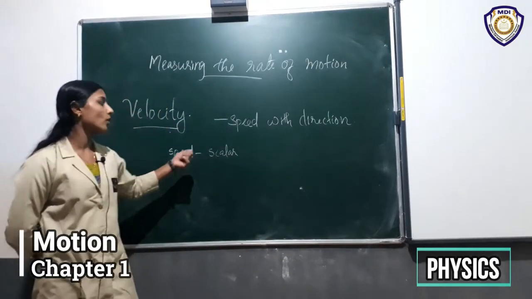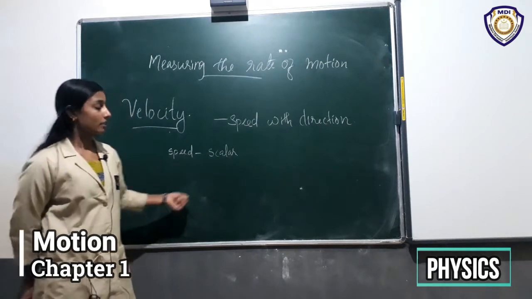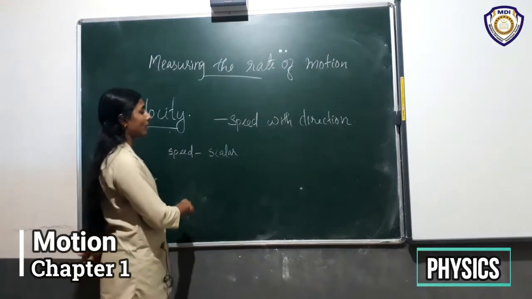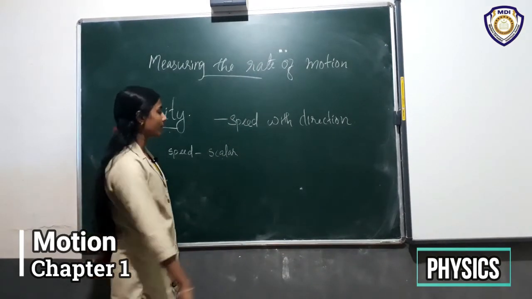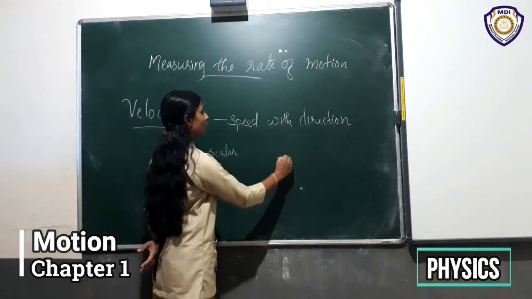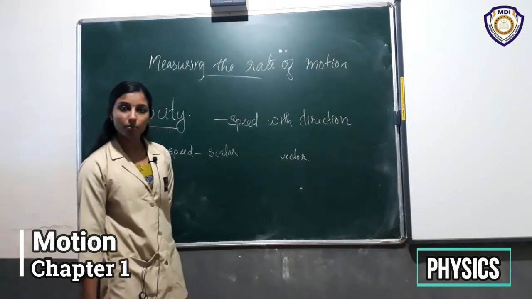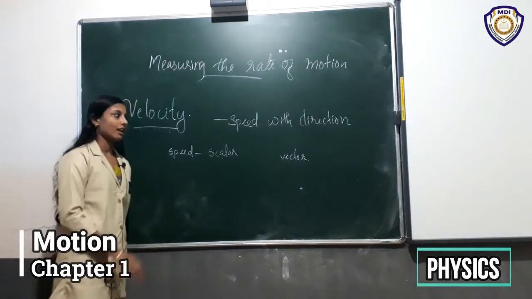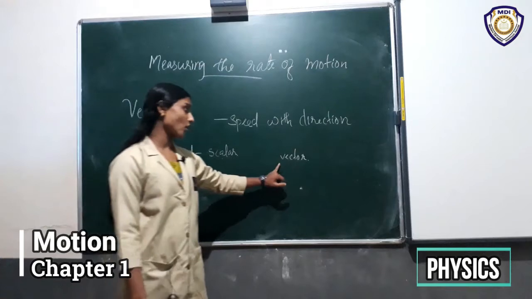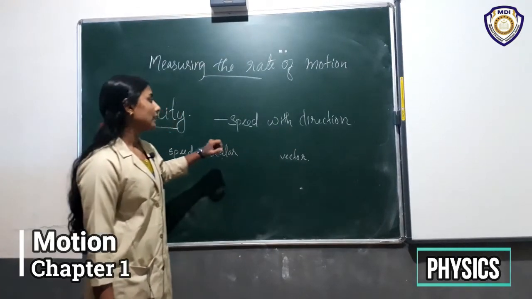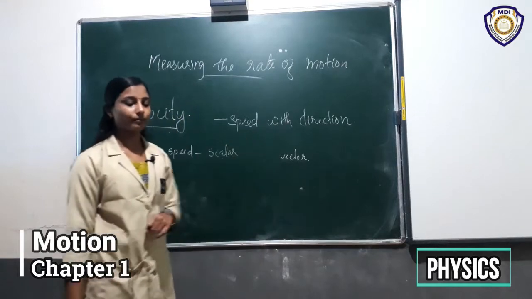Scalar quantities have only magnitude. Physical quantities may be scalar or vector. Vector quantities have both magnitude and direction, and here velocity is a vector quantity. That means it has both magnitude and direction, right?